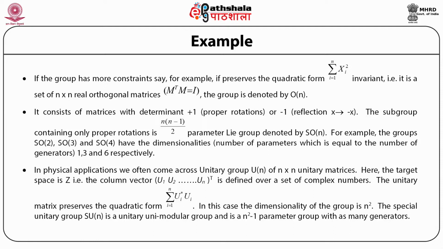In this case, the dimensionality of the group is n squared. The special unitary group SU(n) is a unitary unimodular group, and because of the unimodular nature, its number of parameters is reduced, the dimensionality being n squared minus 1. So SU(n) is a unitary unimodular group with n squared minus 1 parameters and has as many generators.